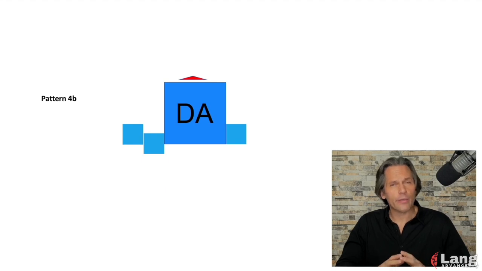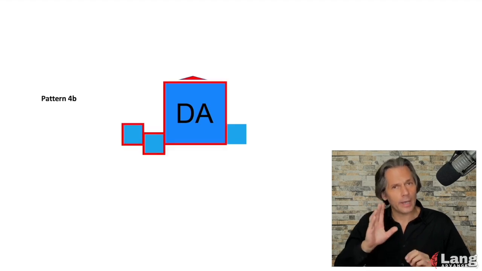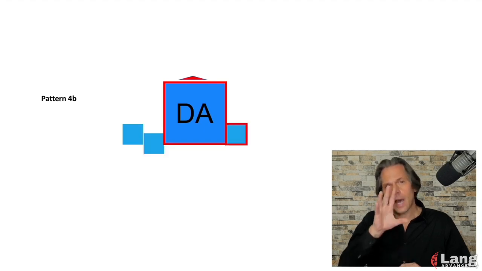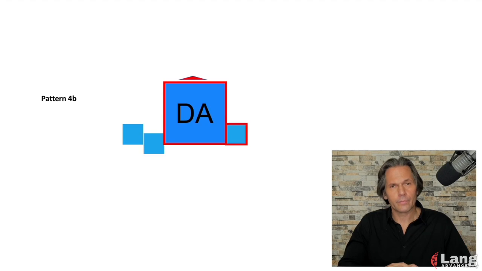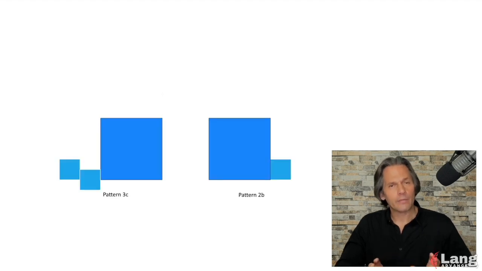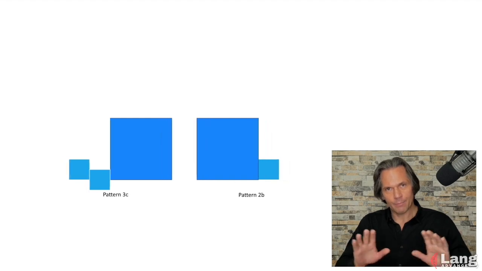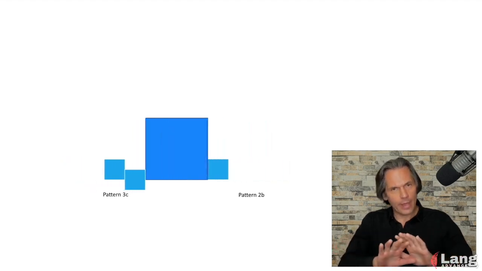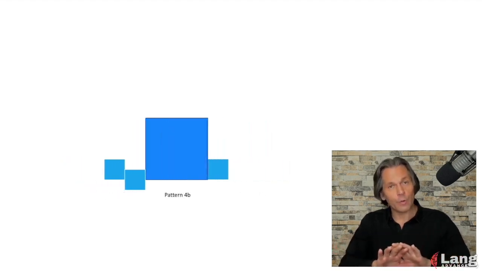And it's easy to see that there are two clear patterns that contain da. The first pattern is da-da-da. And the second pattern is da-da. And we can really think of this pattern as being these two patterns, pattern 3C and pattern 2B, happening at the same time. So we can see these come together and create pattern 4B.